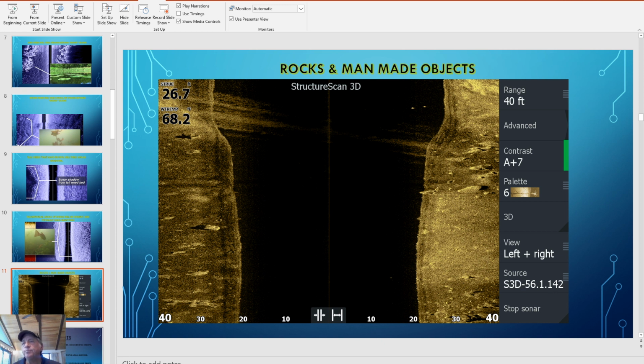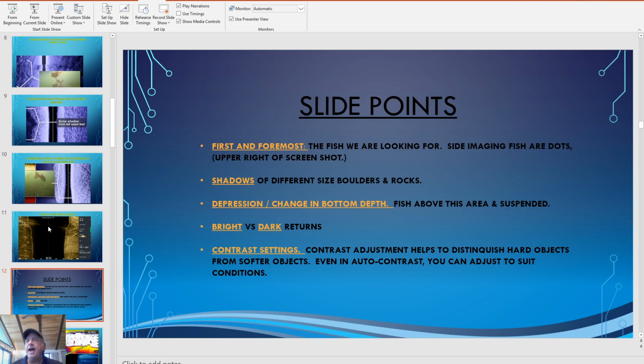So the slide points are everything that I just talked about. I'll go through them again real quick, but I'm trying to save time so that you're not all here for an hour and a half. I know after an hour people start to fade out. First and foremost on that slide was the fish we were looking for and how they're displayed as dots in side imaging.